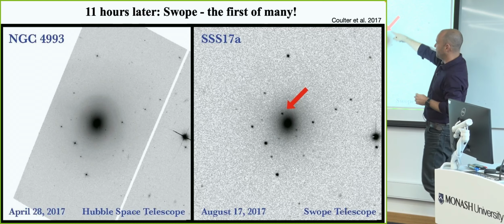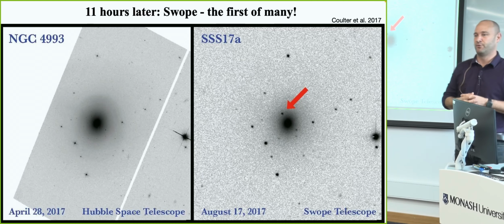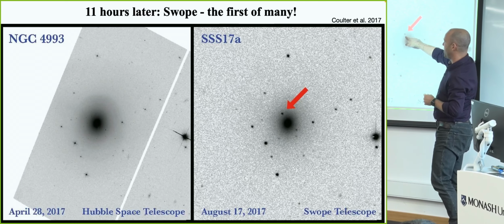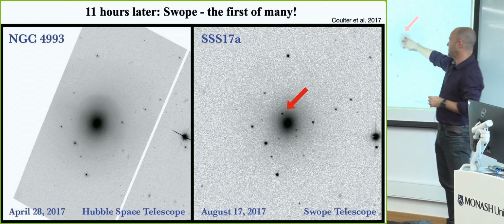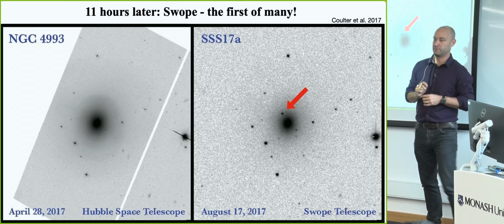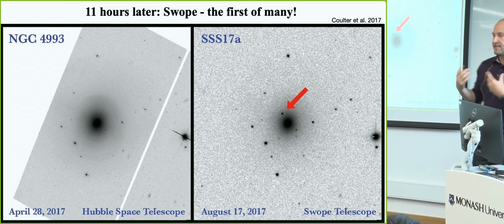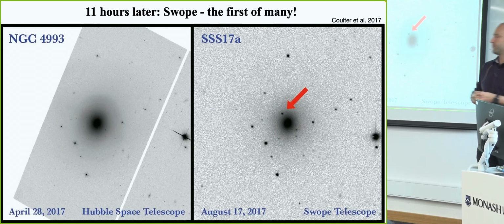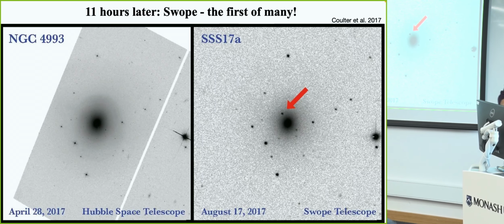And what you can see here is a whopping big red arrow, which is always a good indicator that something has happened. But this whopping big red arrow points to the only dot on this image that is in this image but not in the other image. Okay? And this was that first optical signature of this counterpart to this GW gravitational wave event.